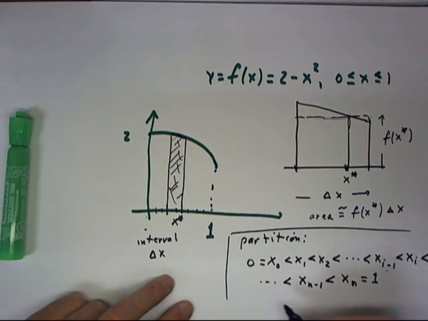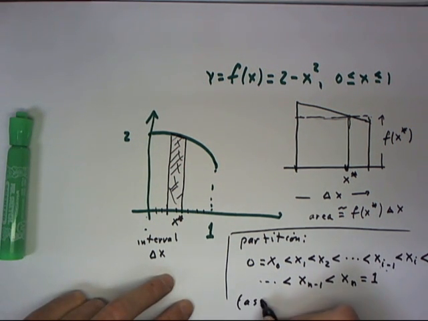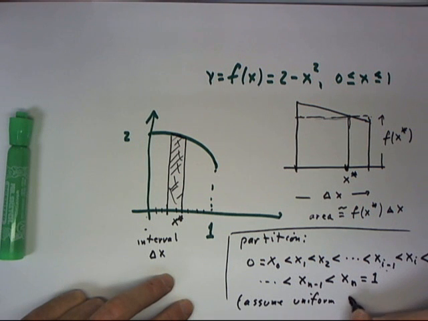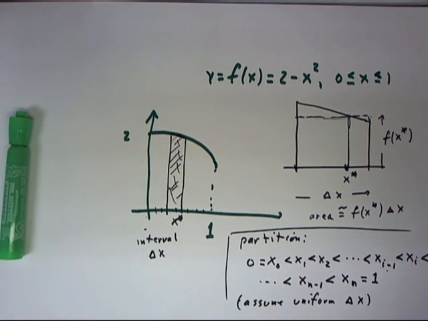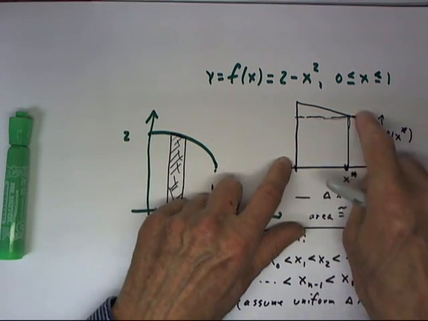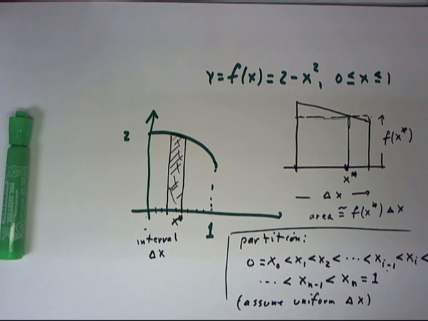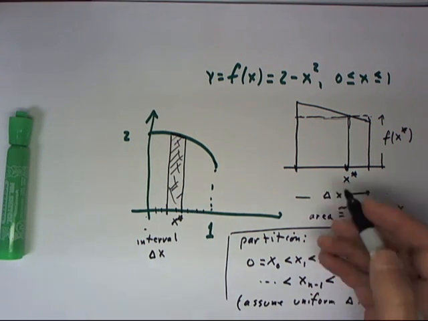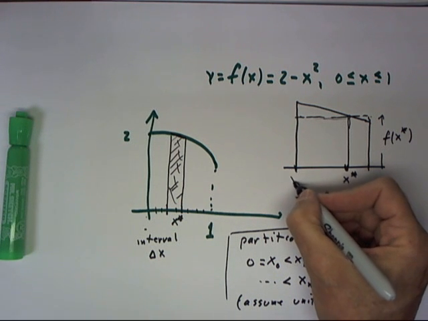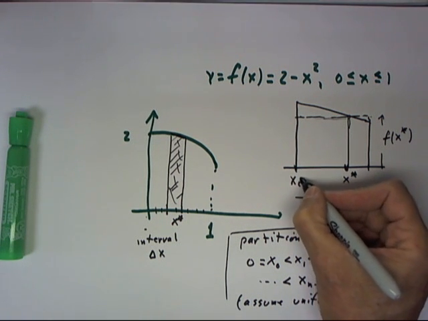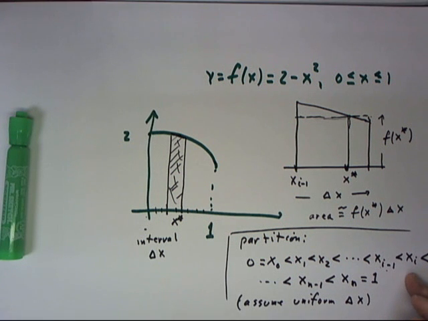It's not necessary, but let's go ahead and assume a uniform x interval, a uniform delta x, so that our picture here could represent this ith interval. In that case, the left-hand x coordinate would be x sub i minus 1.